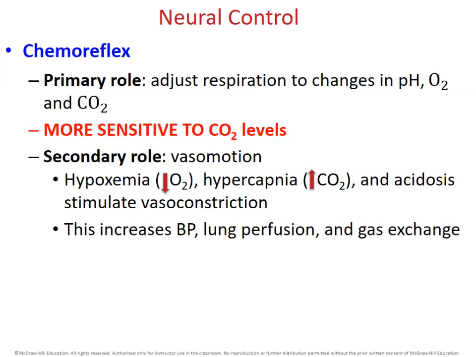This will increase blood pressure, of course, increase lung perfusion, which is that rate, and gas exchange. So we're basically pushing more blood into the lungs, which is how you fix high CO2 levels, because in the lung is when the red blood cell unloads, gets rid of the CO2, and loads up the O2.